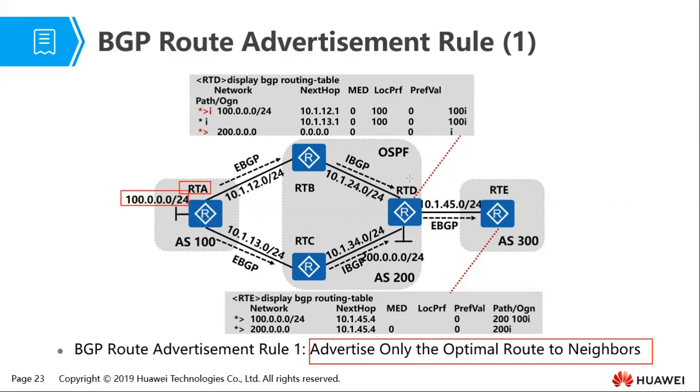100.0.0.0/24. Now, RTD can learn about this network that is connected to RTA via RTB or RTC, because RTA will advertise to RTB via EBGP and also to RTC via EBGP.